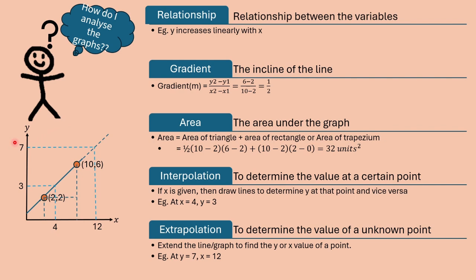Then at y is equal to 7, draw a dotted line towards the graph. When it touches the extended graph, we draw a line to the x-axis to indicate its position, which for our case here is x equal to 12. So when y is equal to 7, x is equal to 12.